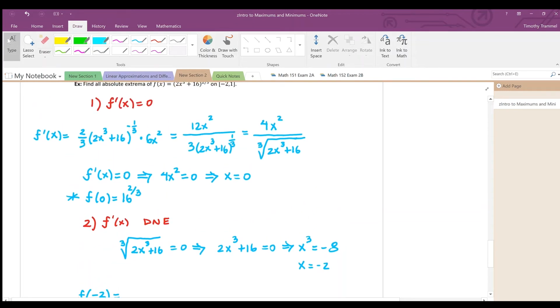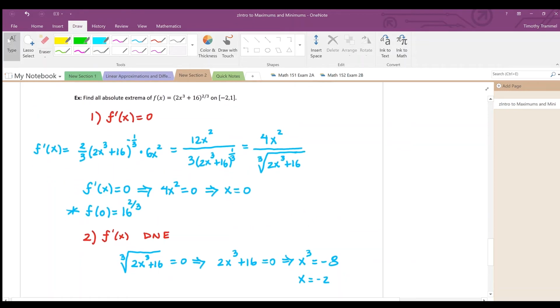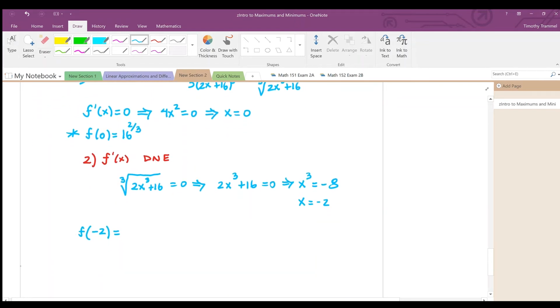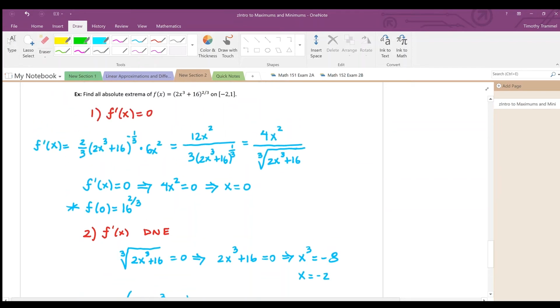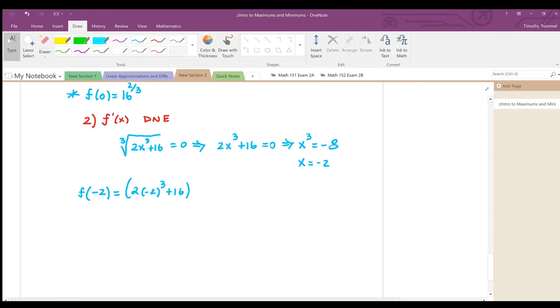Let's go up and see what f looked like. 2x cubed plus 16 to the 2/3. Yes. And 2 times negative 2 cubed is 2 times -8, which is negative 16. So when we add up these two terms in the parentheses, we get 0.